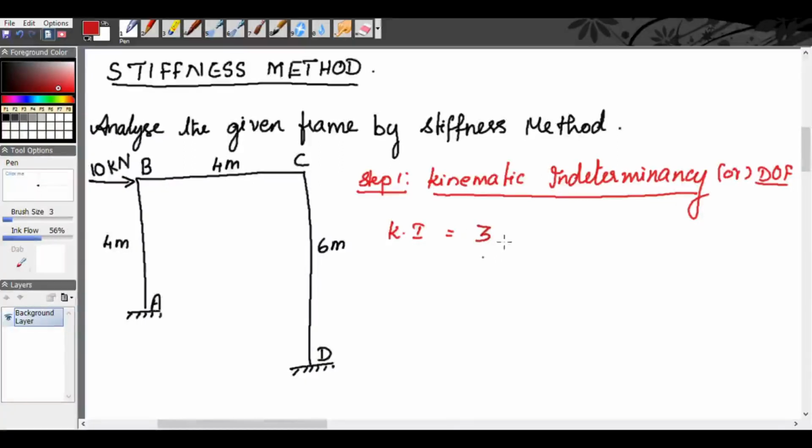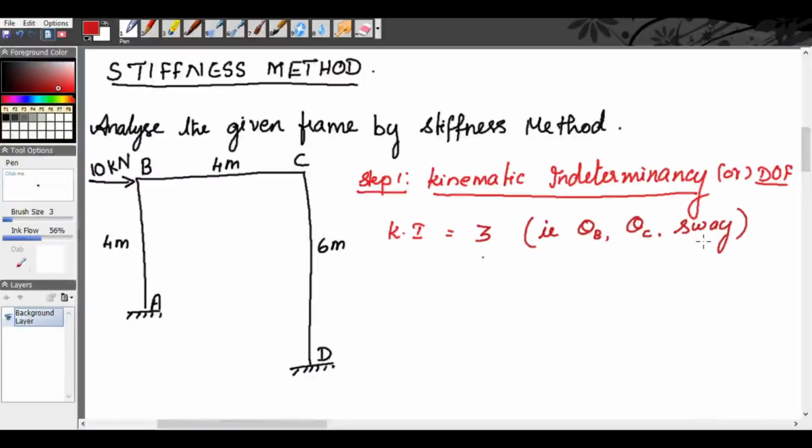That is, we have a rotation at B, a rotation at C, and a sway. As I explained to you earlier, this beam shifts towards the right and the columns get deflected towards the right. So that is sway. We have one sway displacement, that is one deflection displacement, and two rotation displacements. So kinematic indeterminacy is 3.